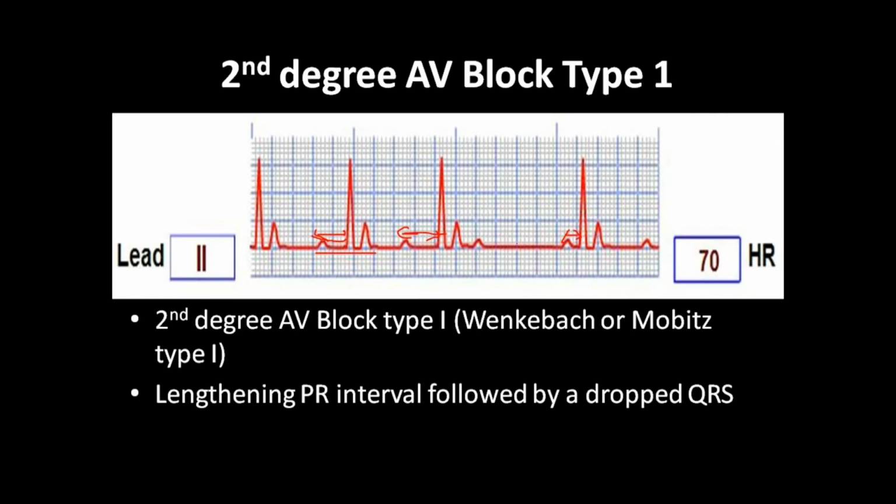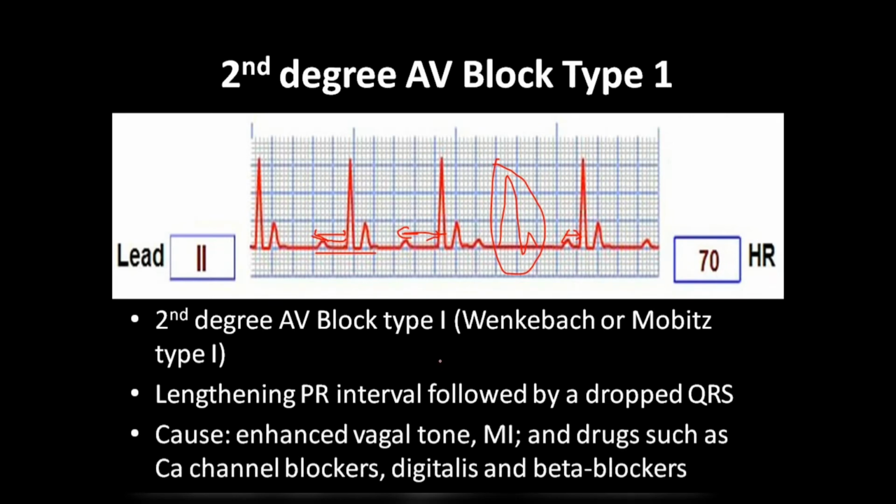So there is a total missing of a QRS complex. So this indicates a second degree AV block type 1. Okay, Mobitz type 1.